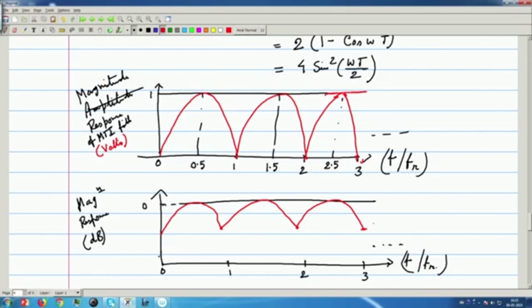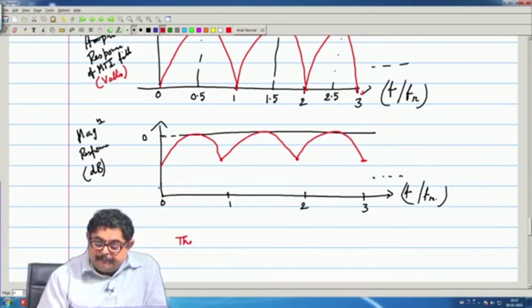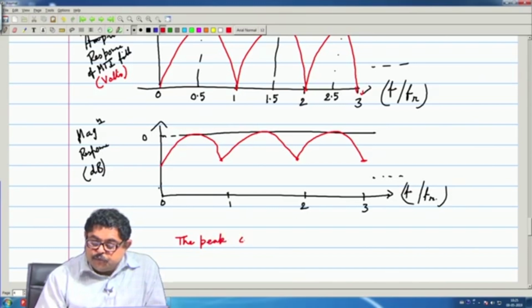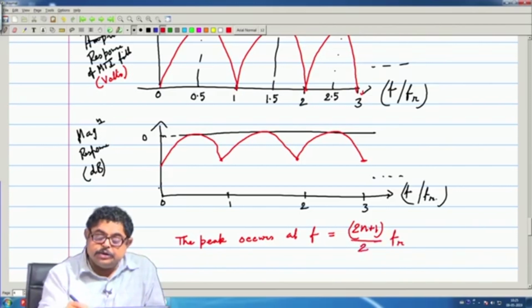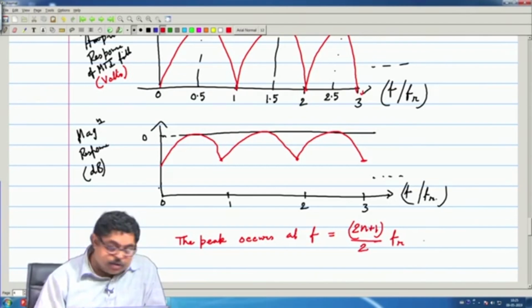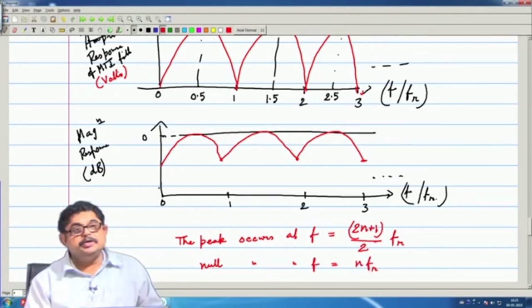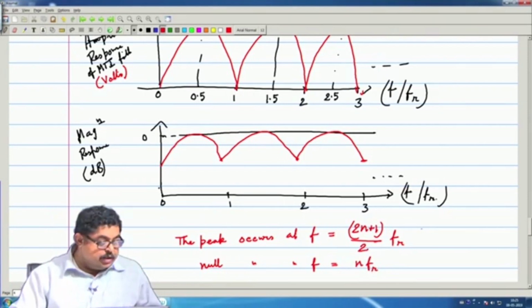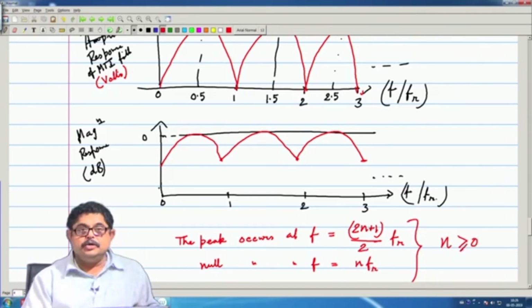So, we can summarize what we have got from single DLC, that the peak occurs at f is equal to (2n plus 1) by 2 times Fr. You will see this is the peak, and null occurs at f is equal to n Fr. So, this part is okay, that null is occurring at f is equal to n Fr.